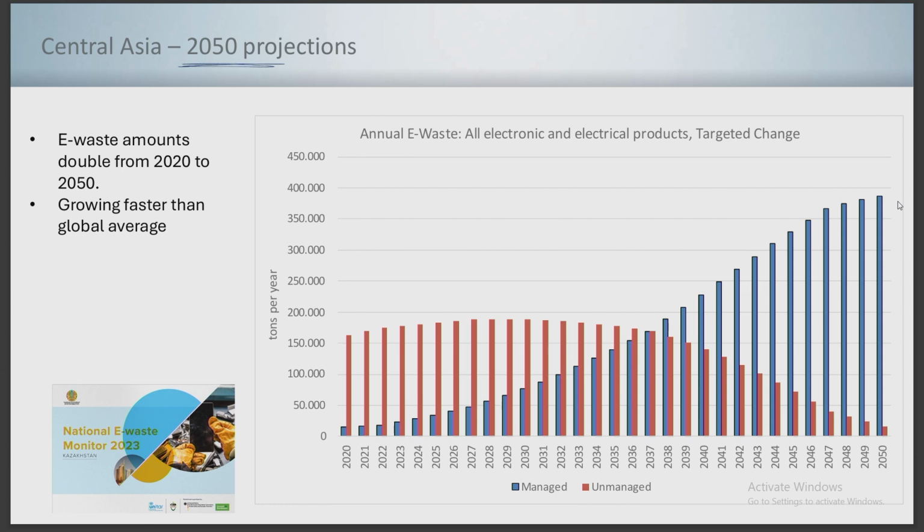We worked with the government of Kazakhstan. They want to have a green economy. Everyone wants that. So they set a target that all e-waste in 2050 is going to be diverted, source separated, and sent to formalized recyclers. To date, they are at 8%, by the way. So if you make some extrapolation, this would be the curve of how much e-waste is going to be managed in the formal system, and how much e-waste is not managed by the formal system is going to decline.